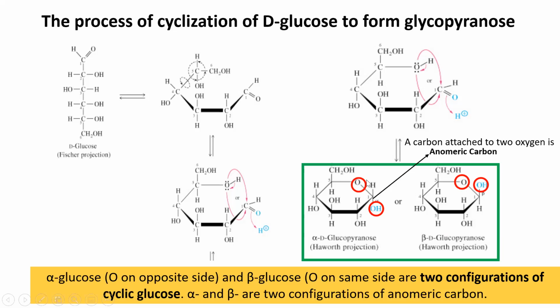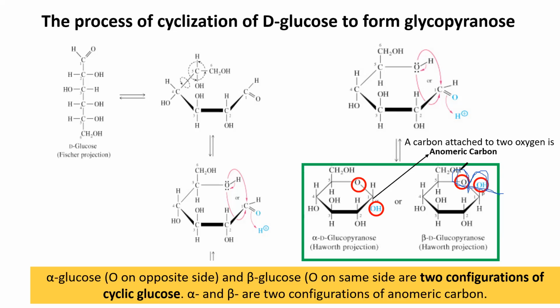When you see two oxygens, if they are opposite to each other, it's alpha. If they are towards each other, it's beta. How I remember is I think they're on the same side, and I can make a beta with them.